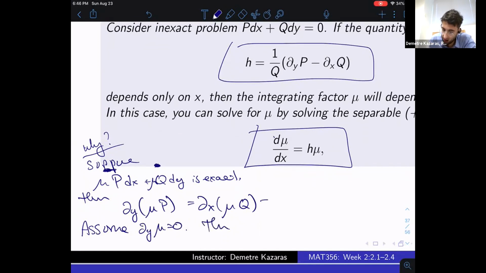Then this equation becomes, let's see, so then the left-hand side is just mu times partial derivative of p with respect to y. The right-hand side, you got to use the product rule because it depends on x. So you get a derivative with respect to x of mu times p plus mu times x derivative of q.